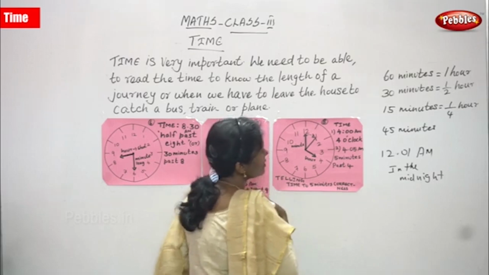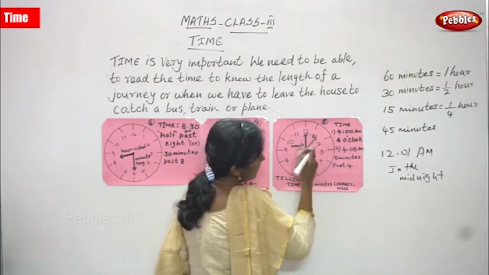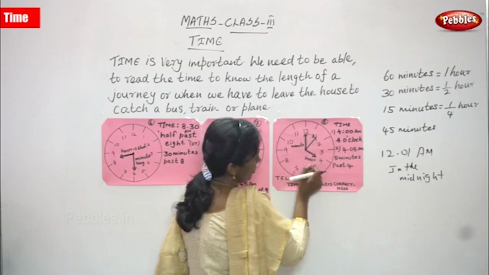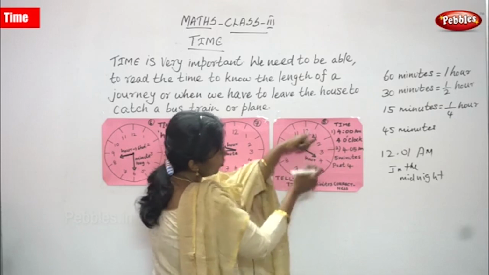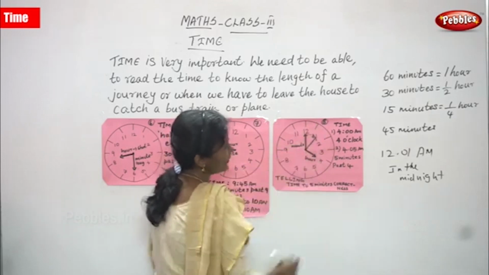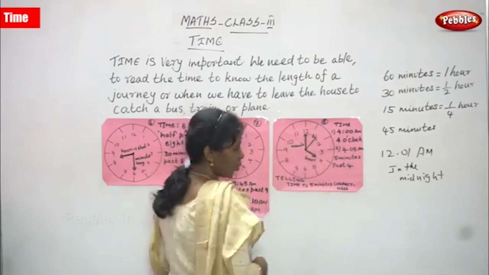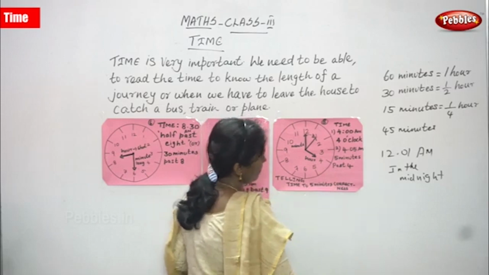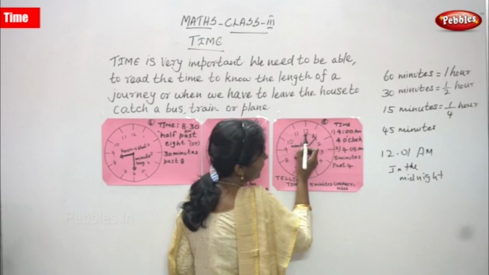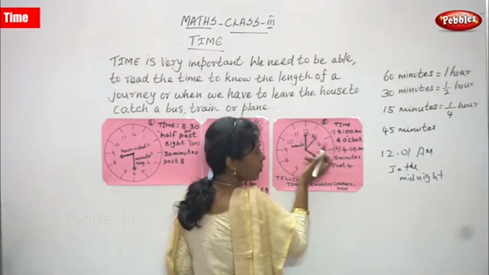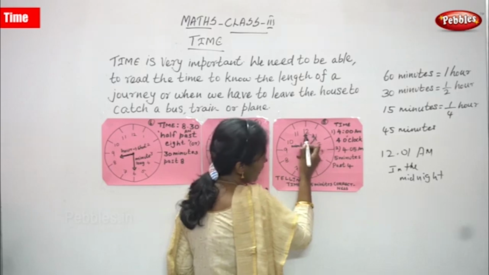Look at this, now it shows the time of 4 o'clock. First you look at the long hand and short hand: the time is 4 o'clock. First sum is over. While you go for the second sum, the minute hand is rotating, otherwise we can call it moving from 12 to 1.